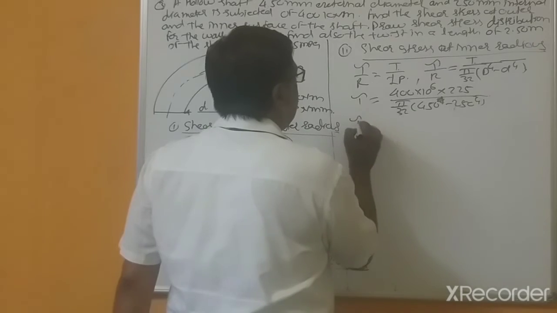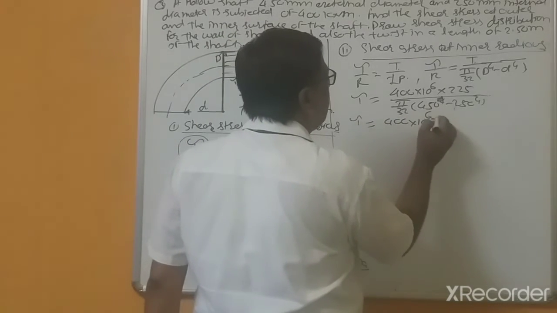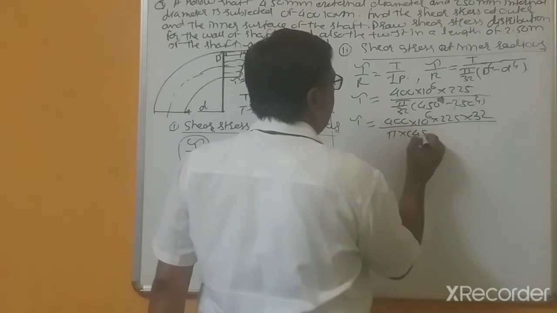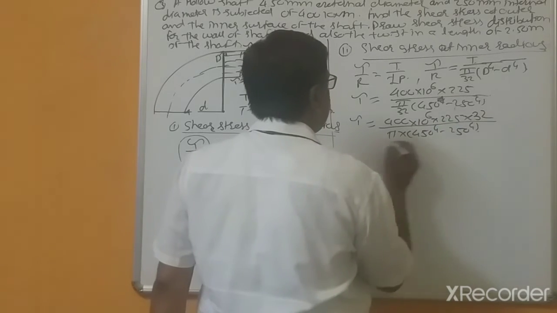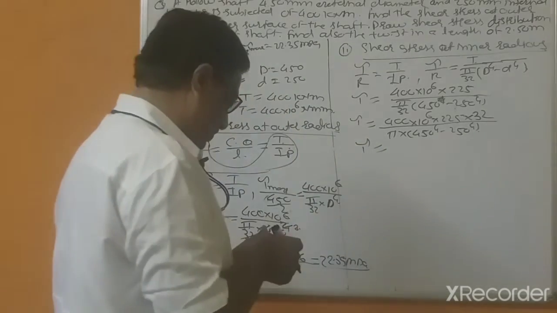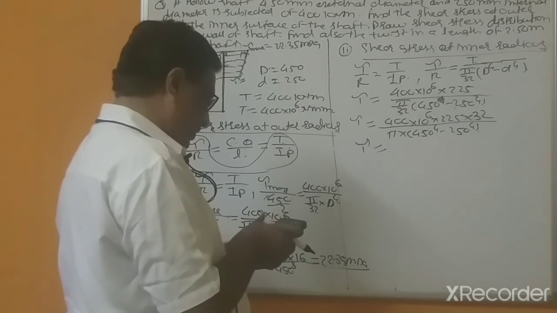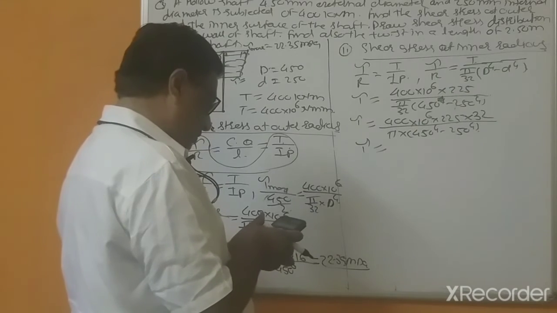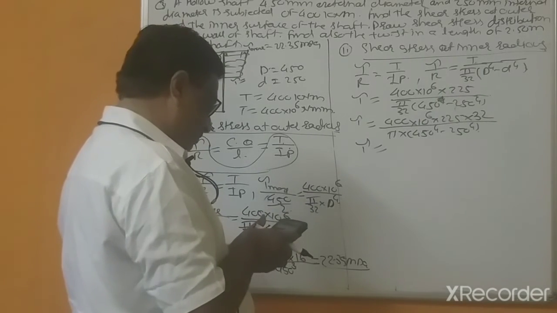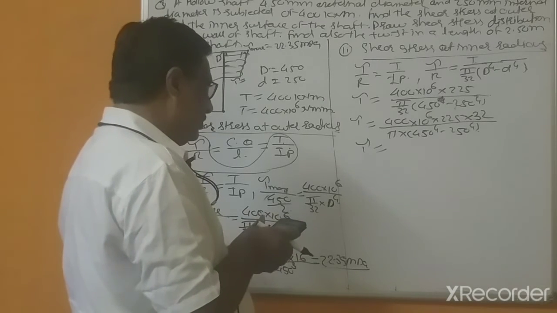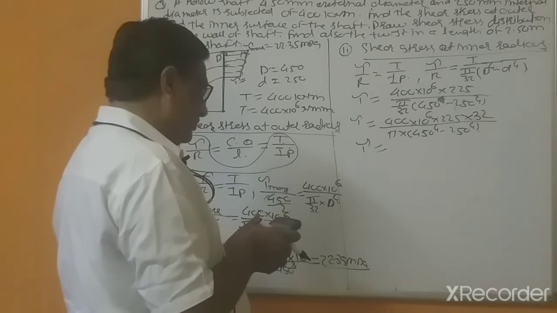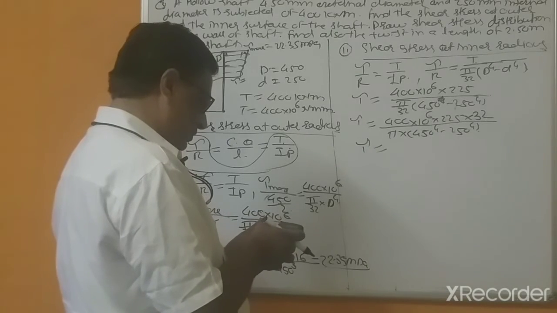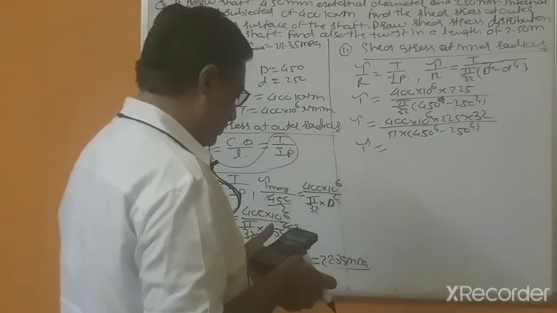So tau equal to 400 into 10 to the power 6 multiplied by 225 into 32 divided by pi into 450 raised to 4, 250 raised to 4. 400 into 10 to the power 6 multiplied by 225 multiplied by 32 divided by pi divided by 450 square minus 250 square, bracket close, equal to.